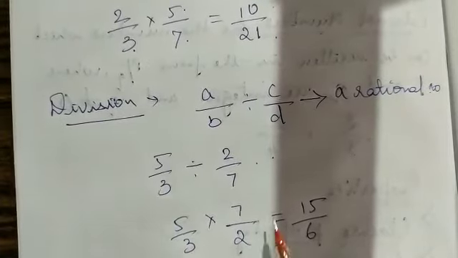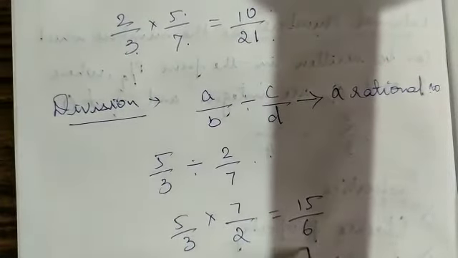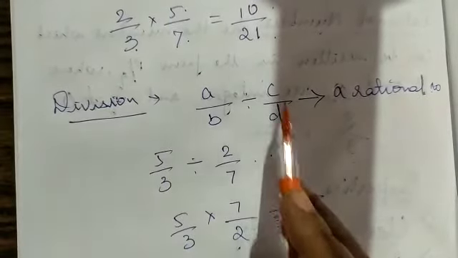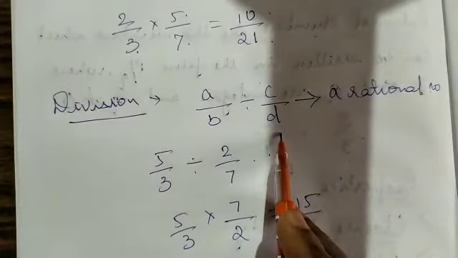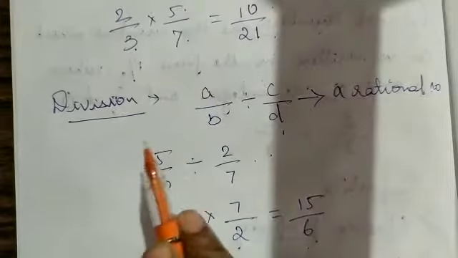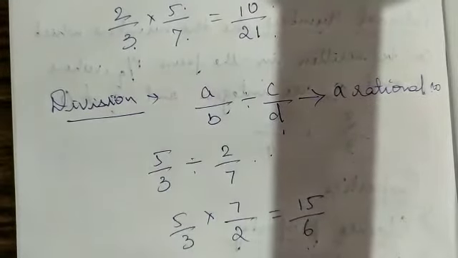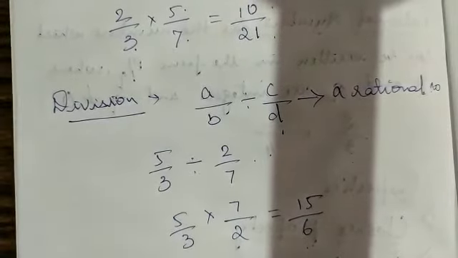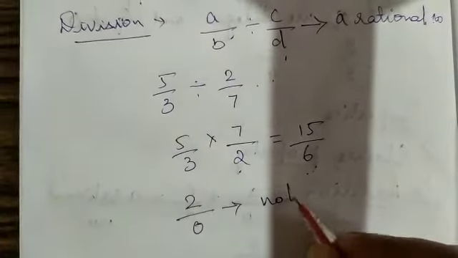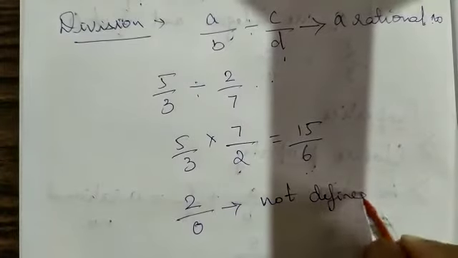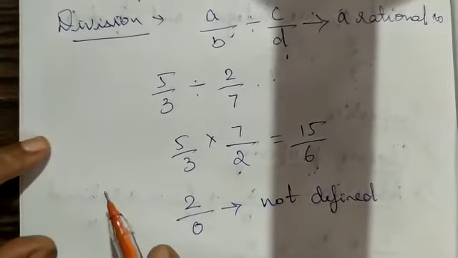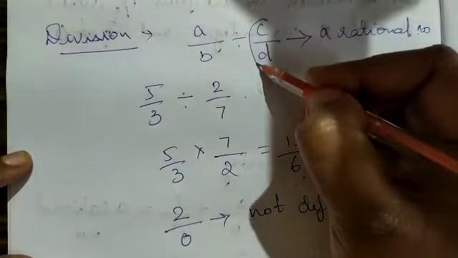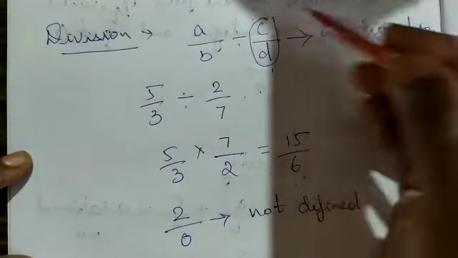So when I divide two rational numbers, again I am getting a rational number. If c by d is 0, this condition will not be true for division, because any number divided by 0 is not defined. So the closure property for division is true only if c by d is not equal to 0.